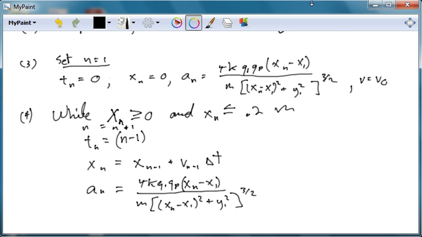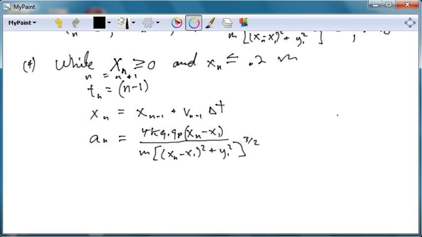And Vn is equal to the old V plus the current acceleration times the duration of one of those tiny little time intervals.